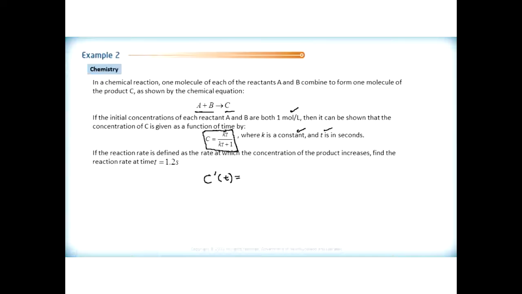So up top, I've got to take the derivative of kt, and that's just k, multiplied by the stuff on the bottom, which is kt plus 1. Then I have to subtract the derivative of my denominator, which is again just k, multiplied by what's upstairs, and that's just kt. And all of that should be divided by kt plus 1 all squared.